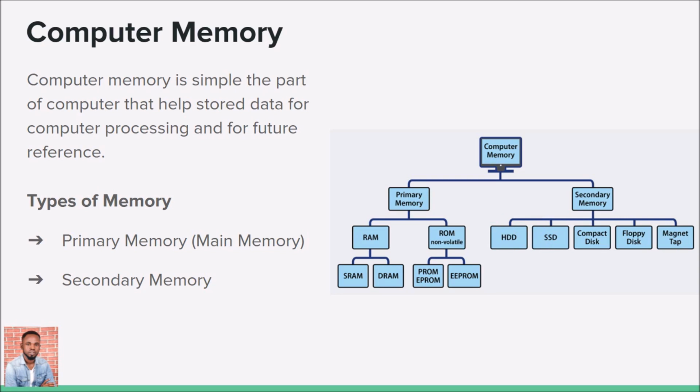If the computer shut down unexpectedly, or the computer got damaged, you can still retrieve the information stored on the secondary memory component of the computer system.